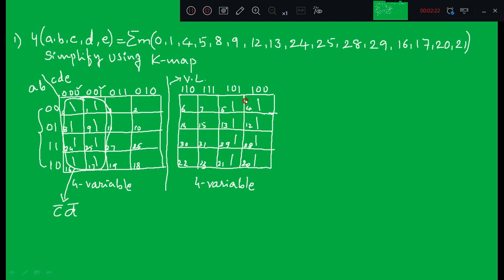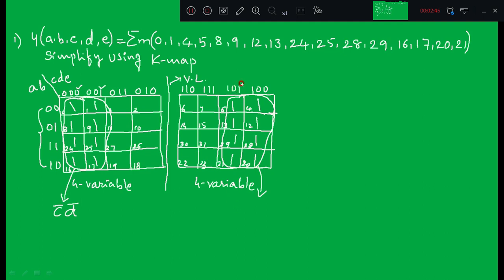And in the second 4 variable K-map, again these 8 ones are physically as well as logically adjacent, so I am going to group these 8 ones, right? Again, grouping 8 ones means we are going to eliminate a total of 3 variables. Which are those variables? A and b, because both are complement to each other.